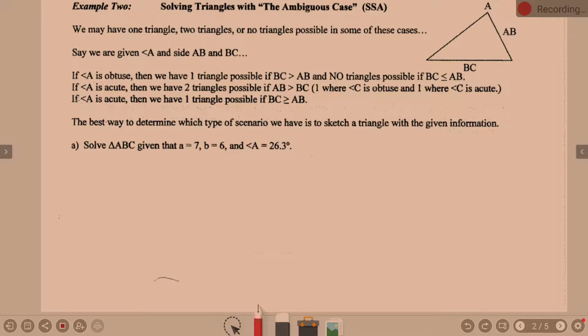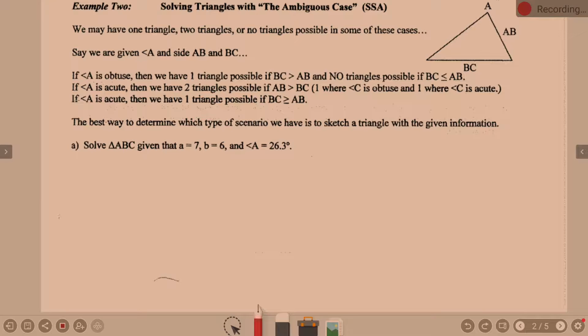Depends on which side you're given is longer and whether your angle is acute or obtuse will determine whether you're going to get one possible solution, two possible solutions, or no possible solution. And we'll demonstrate each of those three options between this example and then examples B and C on the back, I believe.